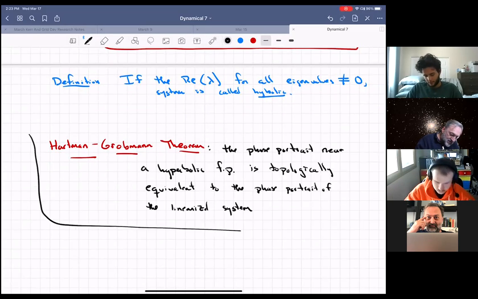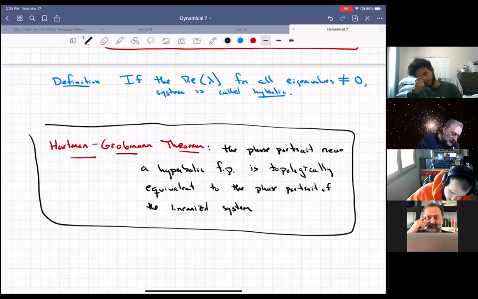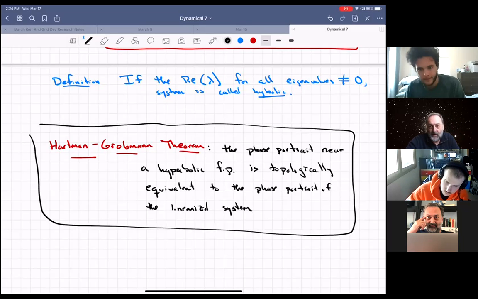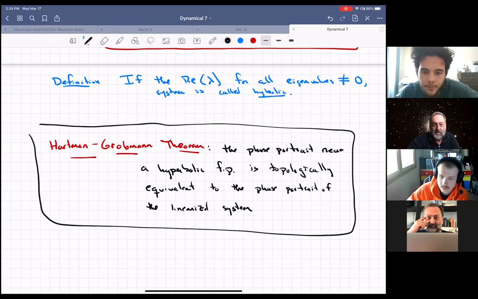And you start to see that we're using real mathematical language. So the Hartman-Grossman theorem is a real provable mathematical theorem. It's not me just waving my hands in the air.